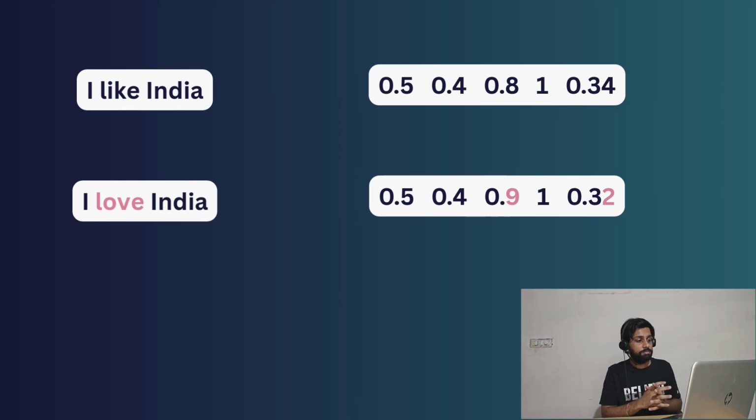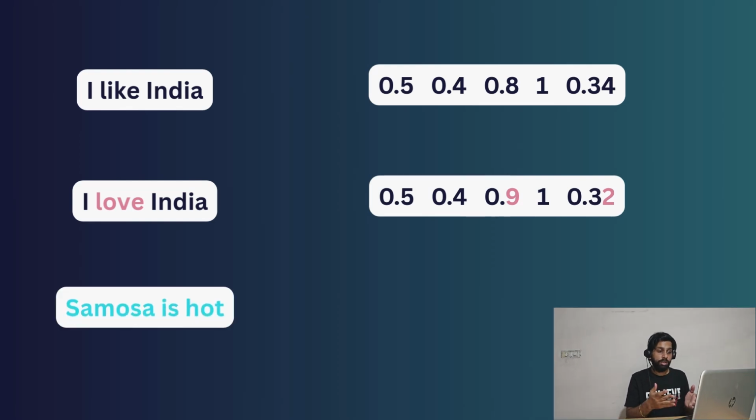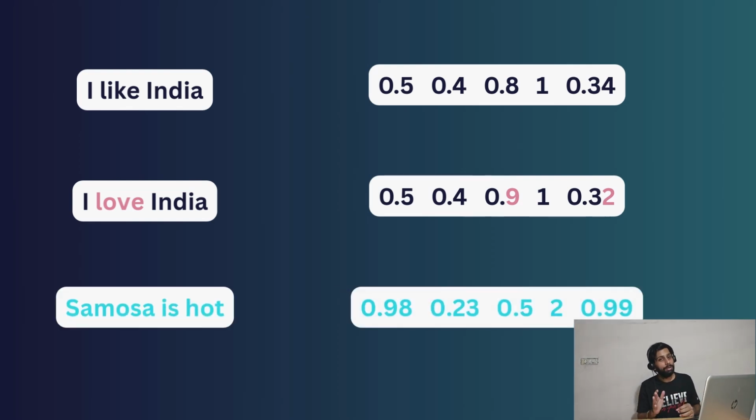Now my friend said, "Hey, samosa bilkul badhiya ho raha hai. Samosa is hot." Now the numerical representation is something completely different. So do you see the pattern there? Similar text or similar data have similar numerical representation, and completely different data has a different numerical representation.